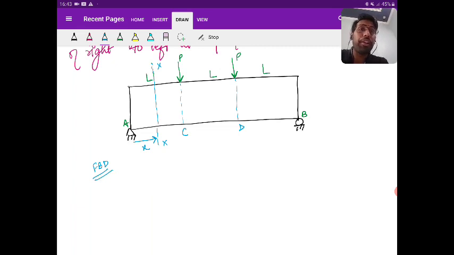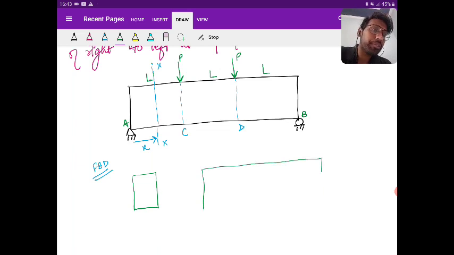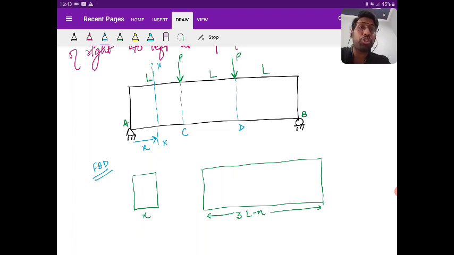If I draw the free body diagram, I cut the beam in two parts. One has the length h and the other has the length 3L minus h. You also need to show the two other loads, P and P, and the distances from the section.